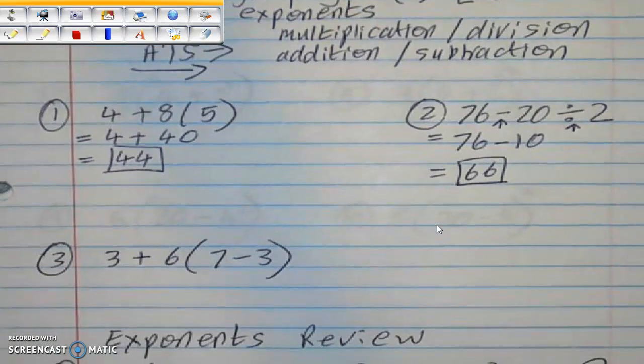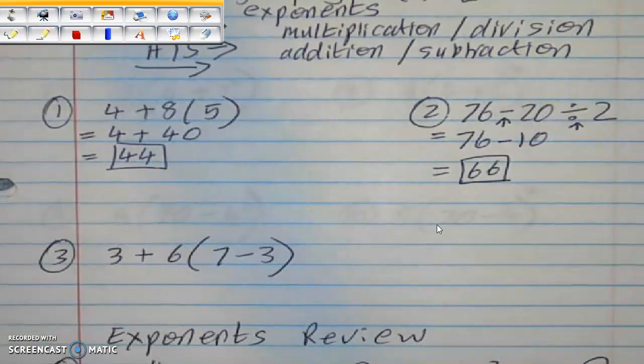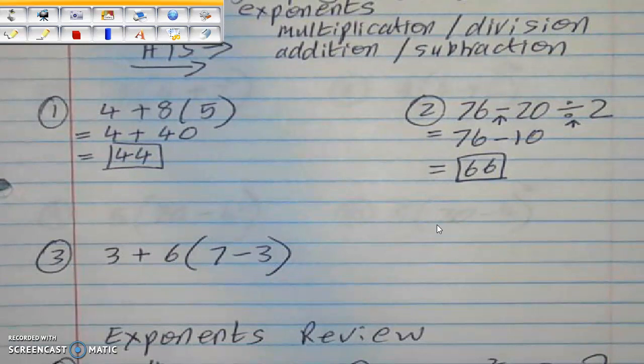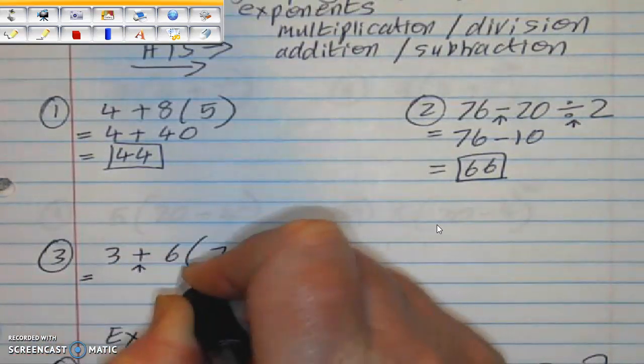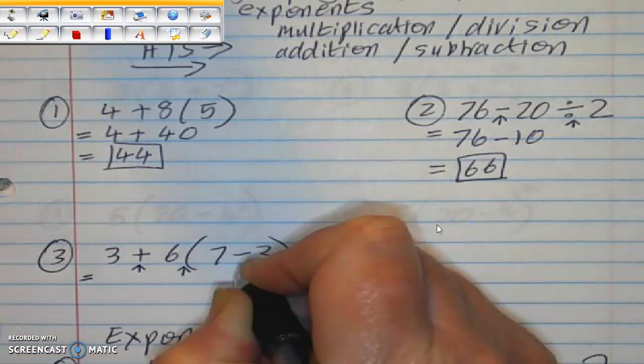Moving up, one more problem for you to try before we go into the exponents review. Again, pause the video and have a go at doing this problem. All right. We have addition, multiplication, and subtraction.